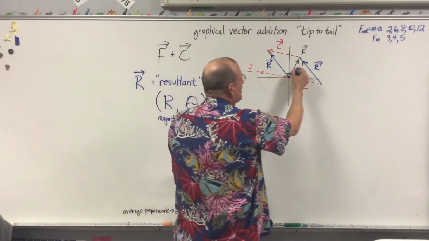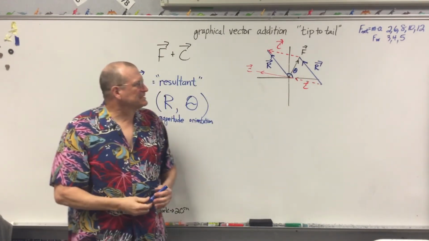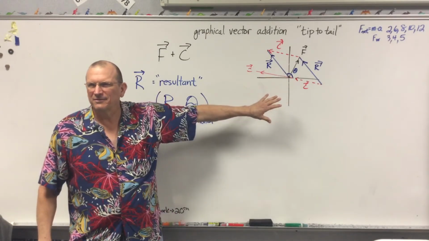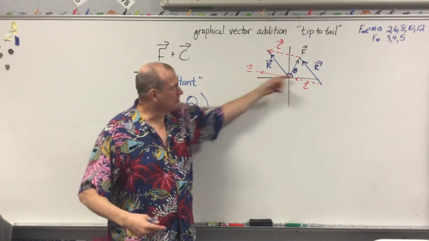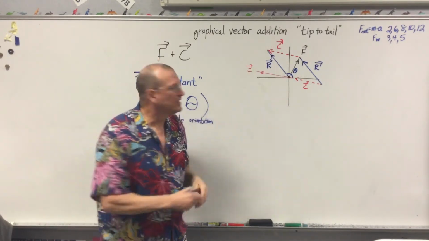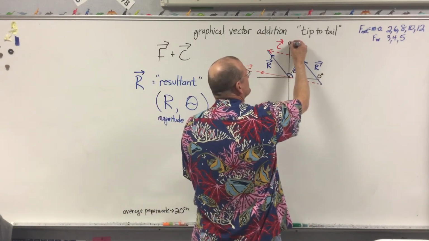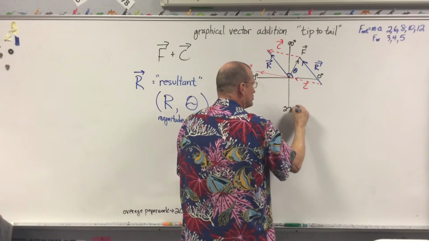Now, this is our theta. Does anybody recognize what we went back to measure the theta? We went back to our original set of coordinate axes here. Because remember, this was 0, this was 90, this was 180, this one was 270.